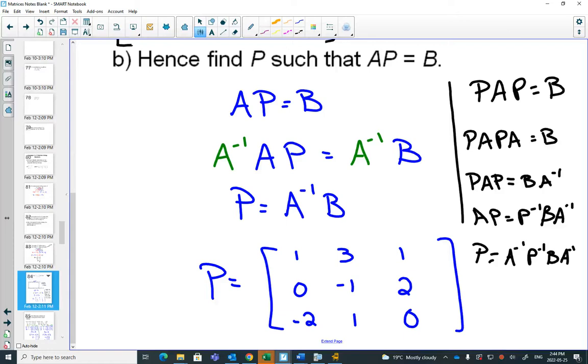Okay. So you could go P and then A and then B inverse and A out in front equals P inverse. And then you could substitute all of this in.